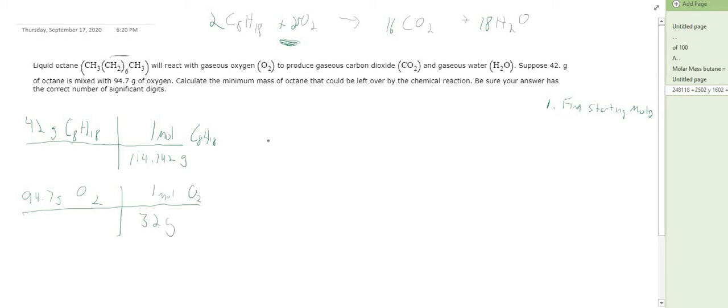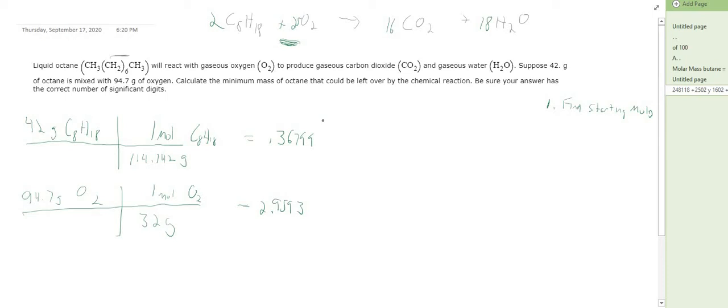So when I do that math, I get 0.36799, and this is going to be 2.9593. So I have moles now of each one of those.